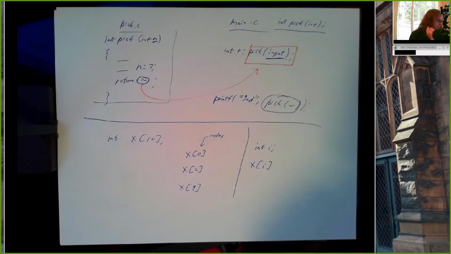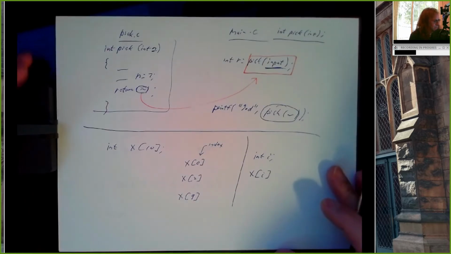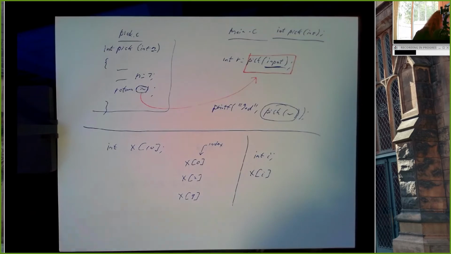All right, now C does something really kind of funny with arrays. This makes really good sense from an assembly language point of view, but it tends to drive programmers crazy, particularly if C is the first language they're learning, because it just feels really kind of weird.